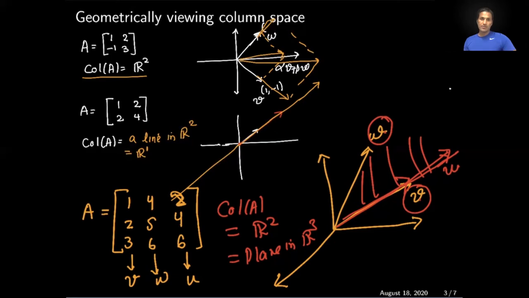As we can see, if the columns of the matrix are not parallel, then the column space is going to be the whole space. But if the columns of the 2 by 2 matrix are parallel, then you lose a dimension of the column space. You have one less element in that column space.